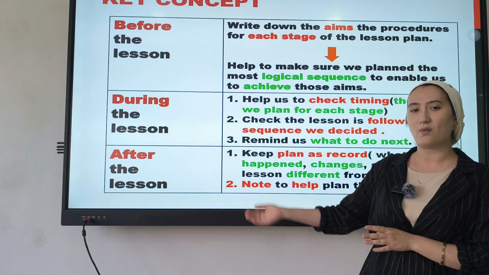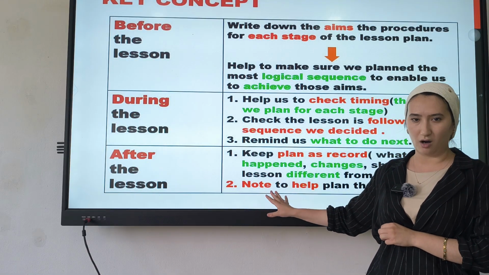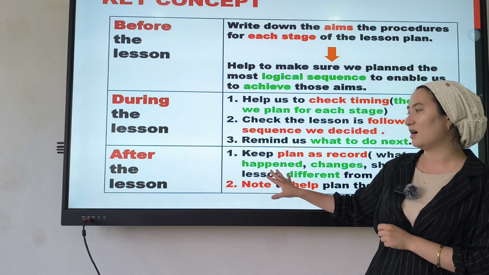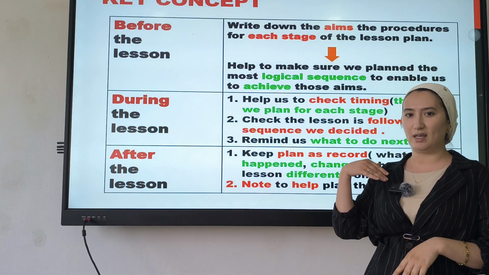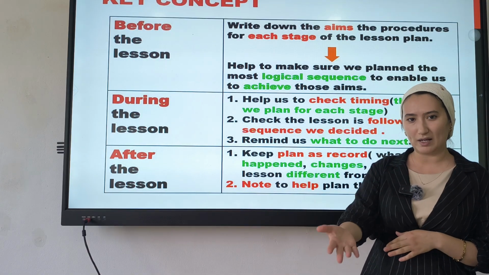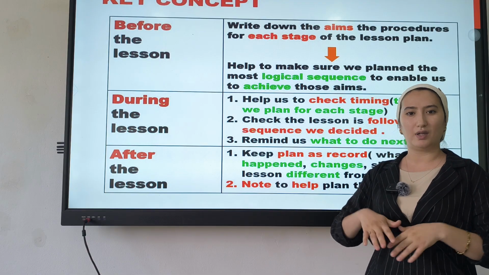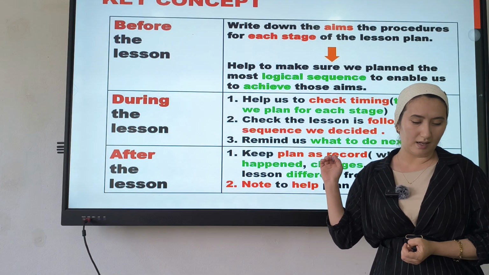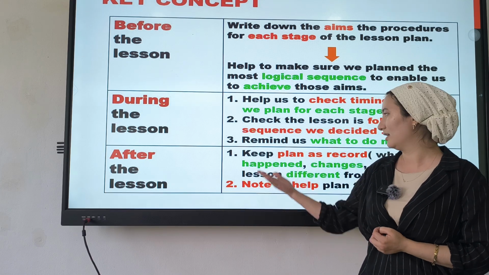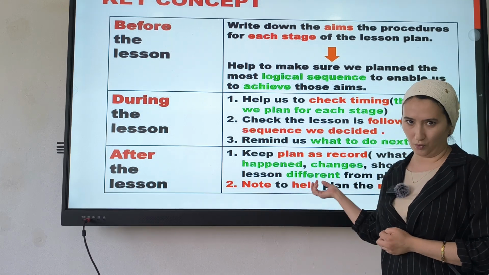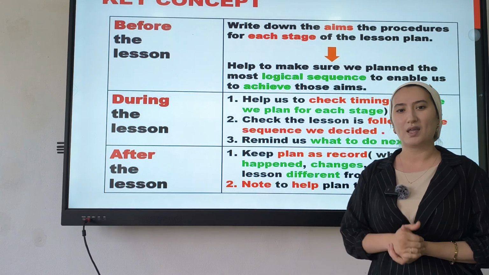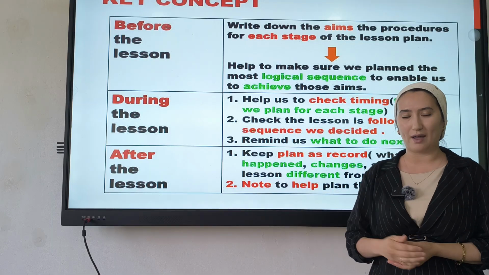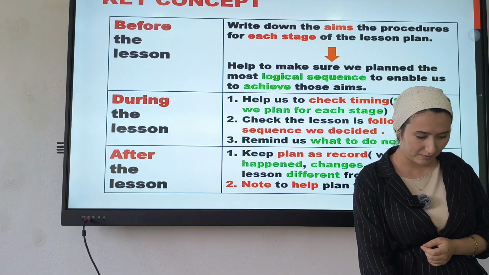After the lesson, the evaluation part comes. We give feedback to our students, how they learn, what they learn, and also we can keep the plan as a record. We can give them homework after the lesson.